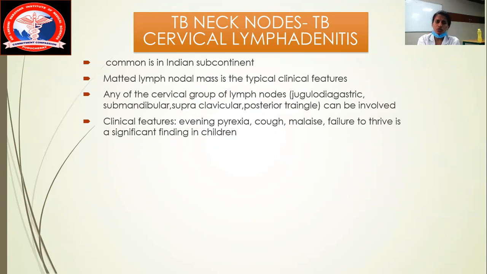Usually in TB the clinical feature the patient gives is a matted lymph node mass, which is a typical clinical feature for TB cervical lymphadenitis. Any of the cervical groups of lymph nodes, for example jugulodigastric, submandibular, supraclavicular and posterior triangle nodes, can be involved.